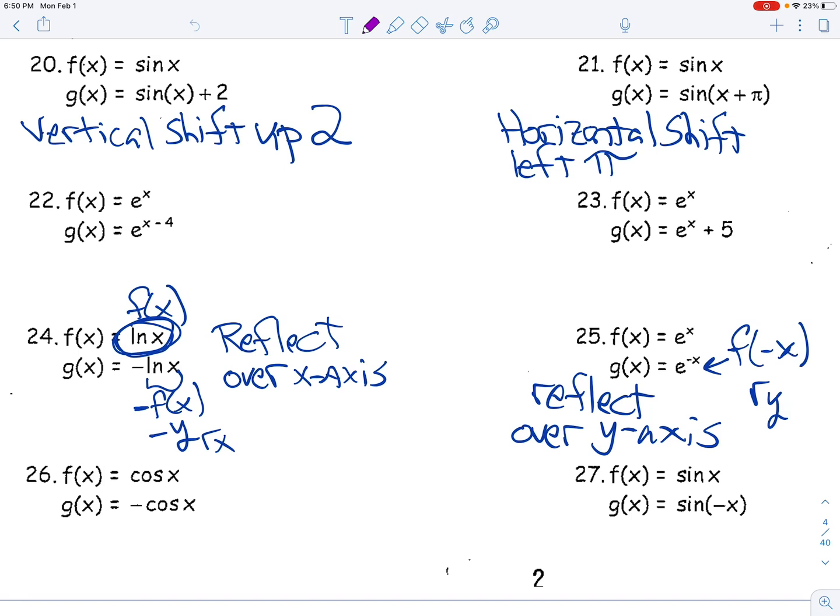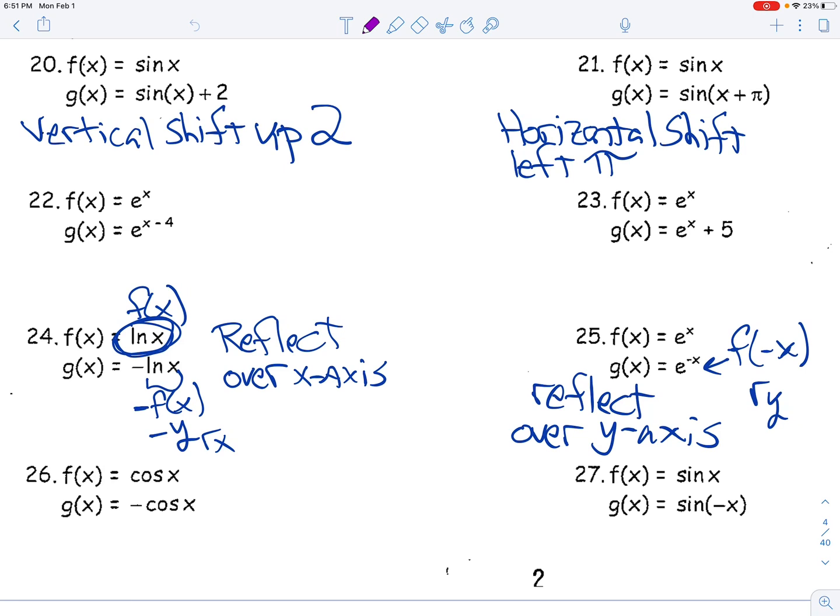So what is going on here with this transformation? Well, remember, people, if you see a number, a constant, that's telling you that a shift has occurred.